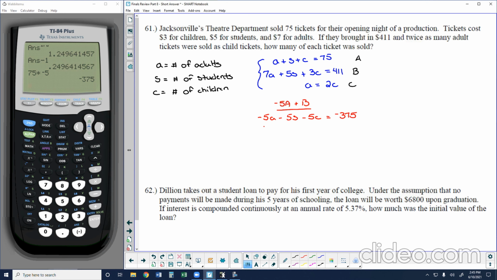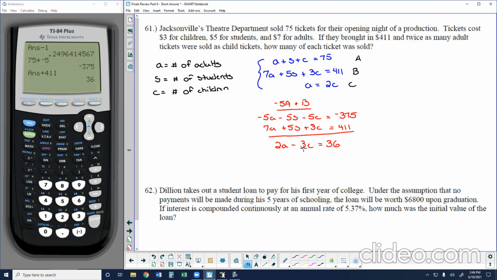And again, we're going to add that to B, which is 7A plus 5S plus 3C equal to 411. So when I do this addition, I will come up with 2A, the S's will cancel out, minus 3C equals -375 plus 411, 36.